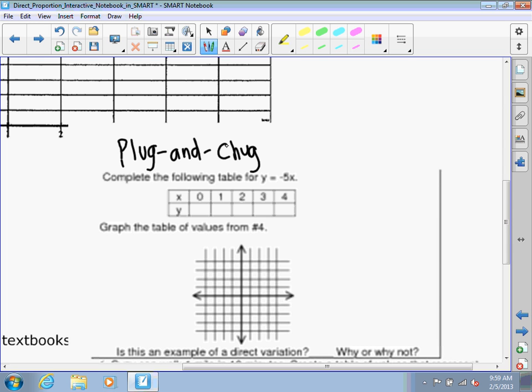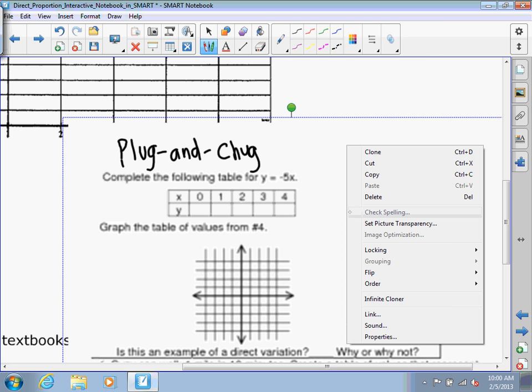Okay? Using your regular pencil, it wants us to take this equation, y equals negative 5x, and plug in a 0, and then a 1, and then a 2, a 3, and a 4 in place of x to get our y values out. Using your regular pencil, go over here and write y is equal to negative 5x, except we're going to write that x using a colored pencil.